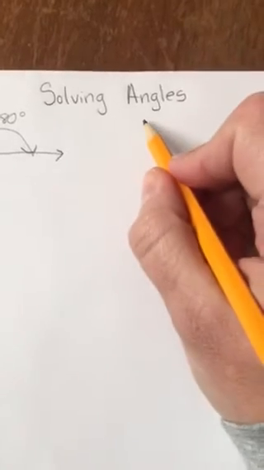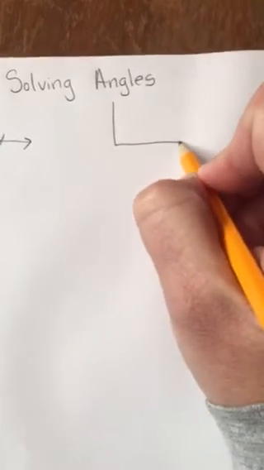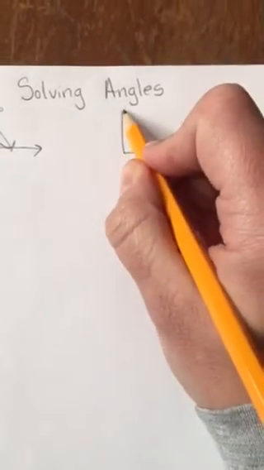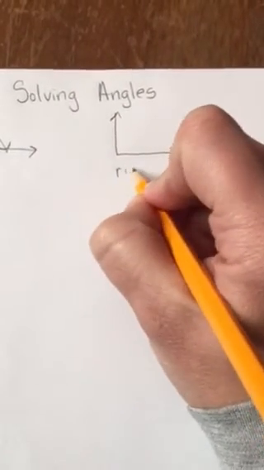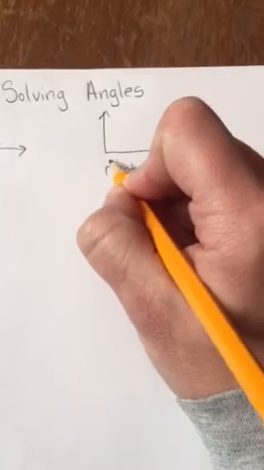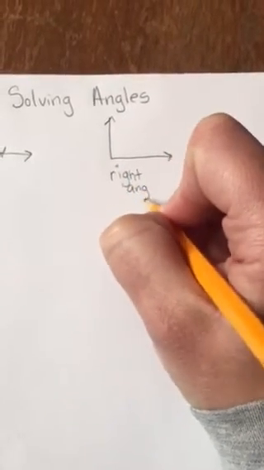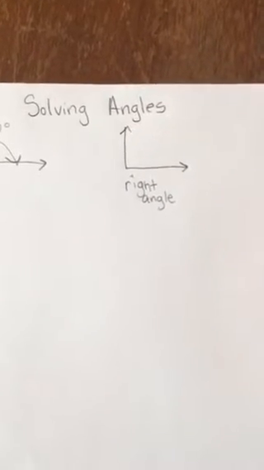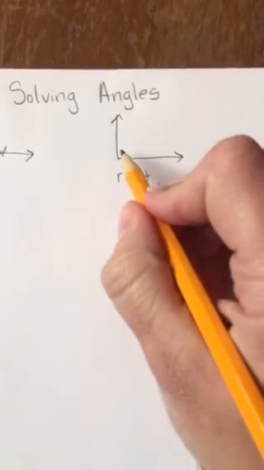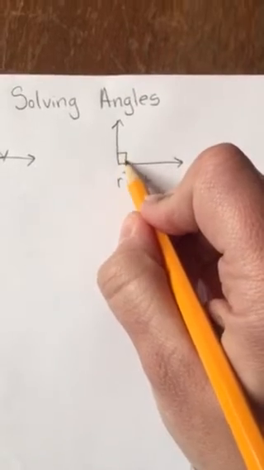Another angle I'm going to show you today is like an L shape. It's called the right angle. And in math, in order to show it's a right angle, there will be a little box.